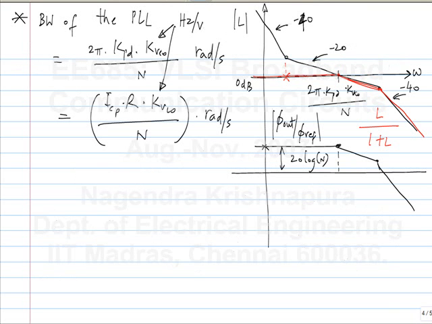So graphically, what is it going to be? I want to sketch phi out by phi error, and I have sketched the magnitude of the loop gain. So from this, I want to get that. What will I get?